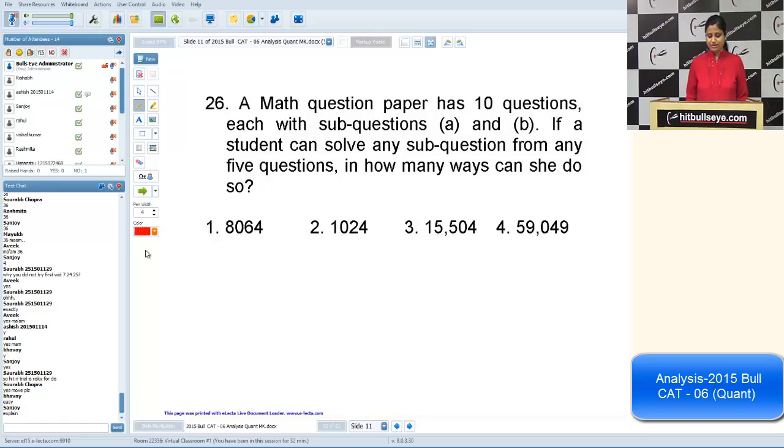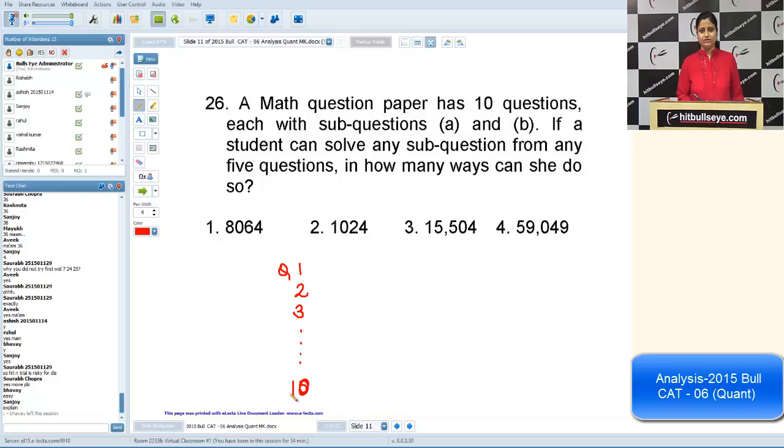A math question paper has 10 questions, each with sub-question A and B. If a student can solve only one sub-question from any 5 questions, in how many ways can she do so? What is the question actually? There is a case of internal choice and external choice. First of all, there are 10 questions, and you have to attempt any 5 of those.